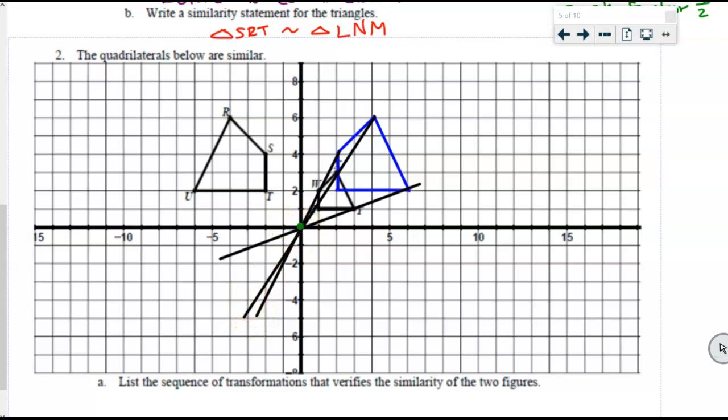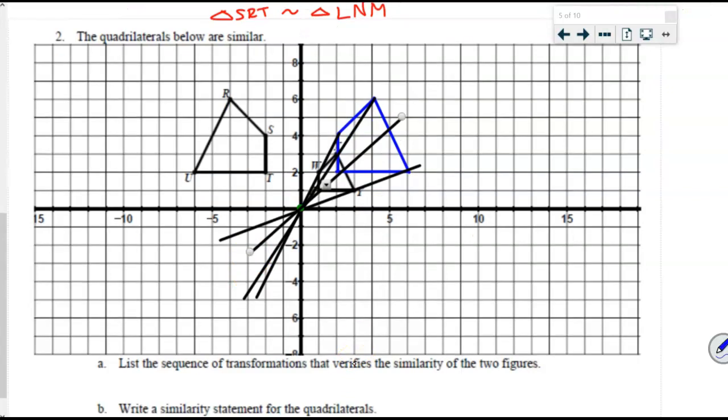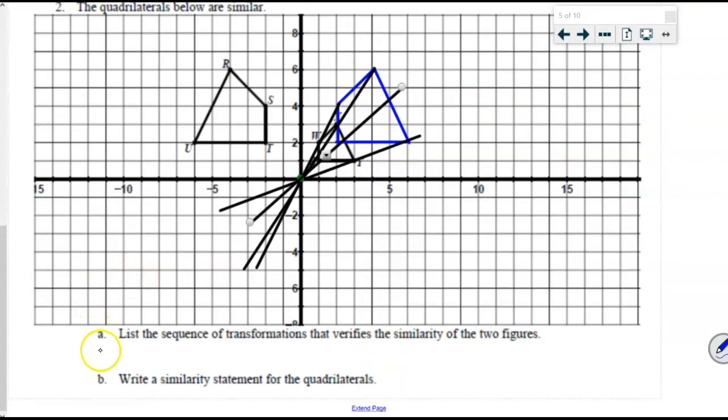So I would just like to point out that we can sometimes avoid that translation if these are lined up to be perfectly aligned. Okay, even this one going back from T through what was that one? Whatever that point is, it's all covered up. These all go back through that origin. So that is another option. I'm going to list that one as well, just so that we can have that for our notes. Alternatively, we could have just reflected over the y-axis, and in fewer steps go straight to dilation.